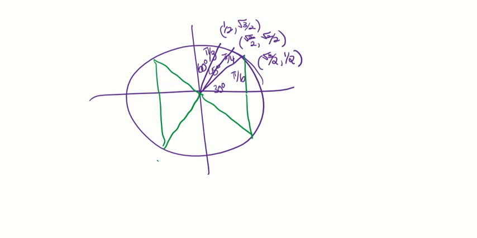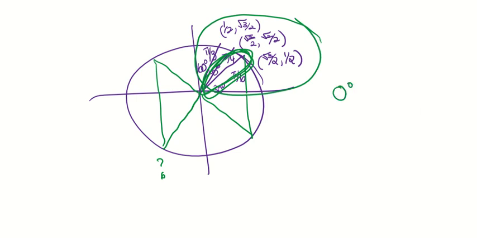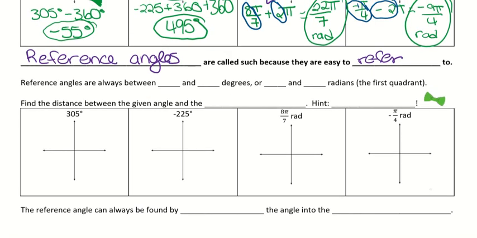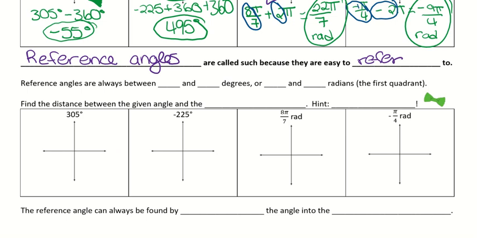So if I say, hey, what's this? You can refer to the angle in the first quadrant. So everything in this first quadrant between 0 degrees and 90 degrees, we call these reference tools because you can use this information to build something over here, down here, or over here. So reference angles are always between 0 and 90 degrees.